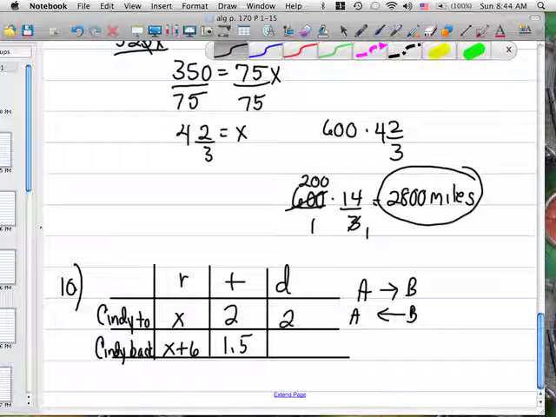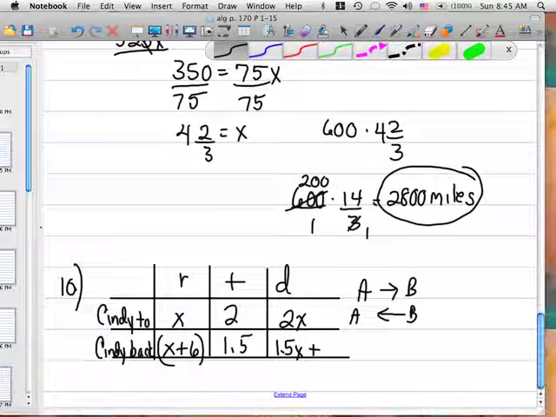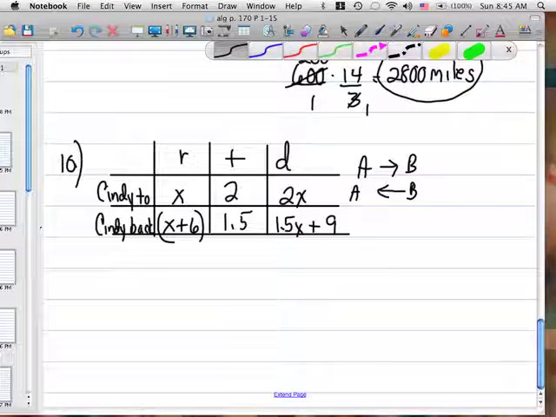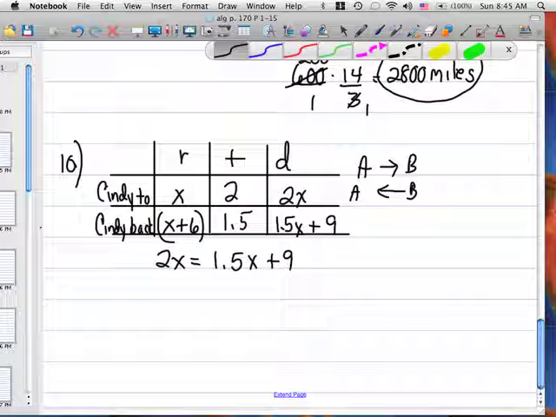So the distance would be 2x going to Benson. Coming back, use your distributive property, it would be 1.5x plus 6 times 1.5, which is 9. The two distances are equal to each other, so set up the equation that way. 2x equals 1.5x plus 9.